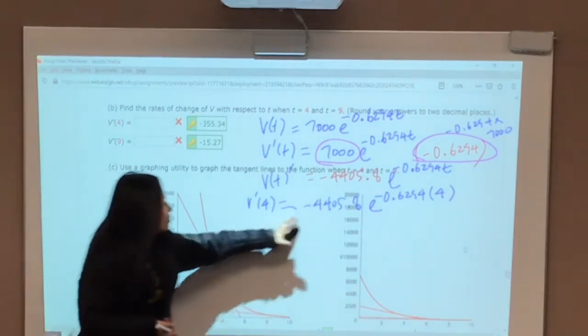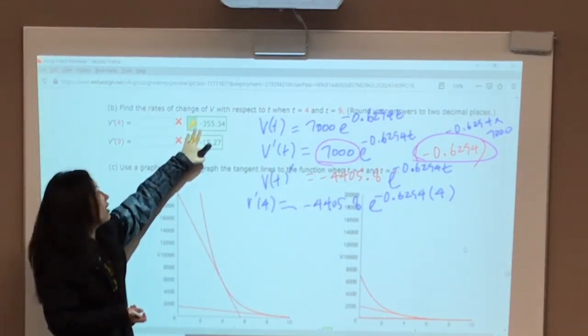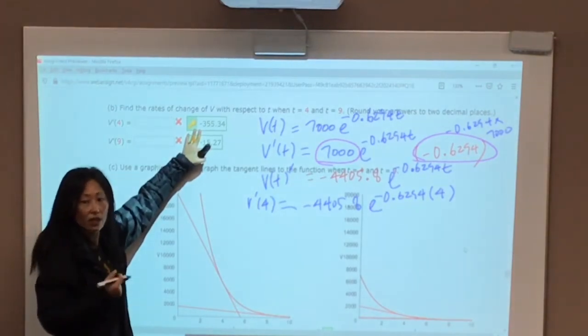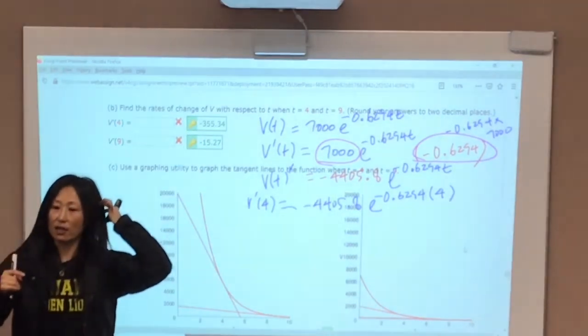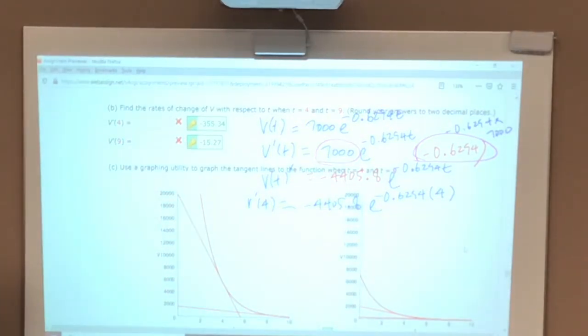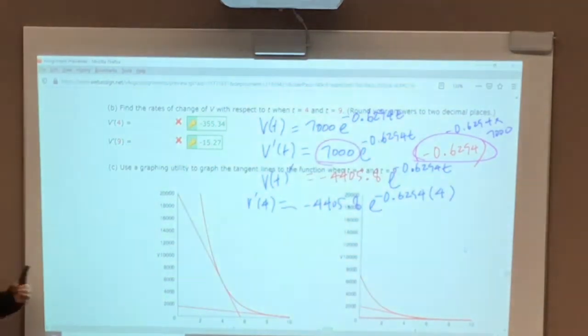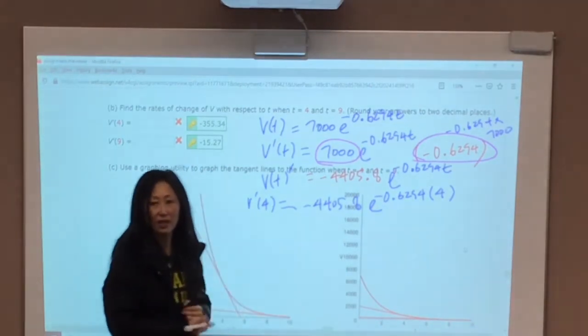So when you put that in your calculator, your answer should be negative 355.34. Did you get that? Where e is, I put ln in, second ln. Make sure that you know how to put this in your calculator, otherwise your answer is going to be wrong.